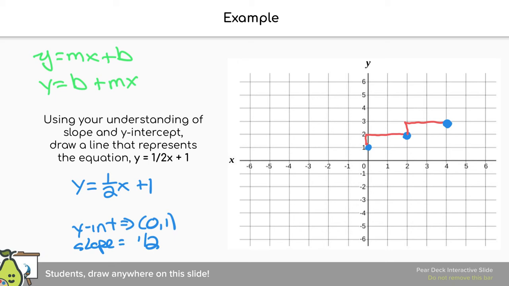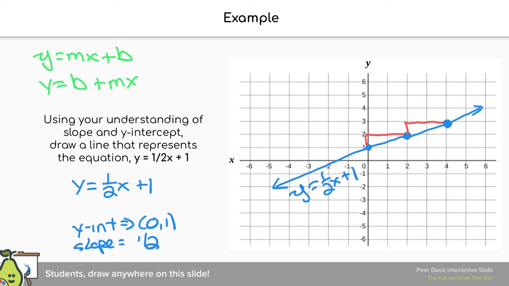So let's draw a line by connecting the points. And there we go. This line is the equation y equals 1/2 x plus 1.